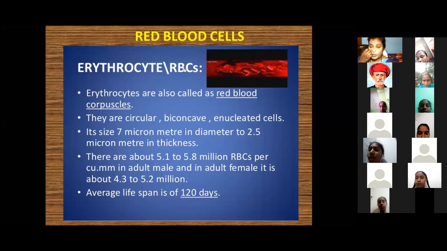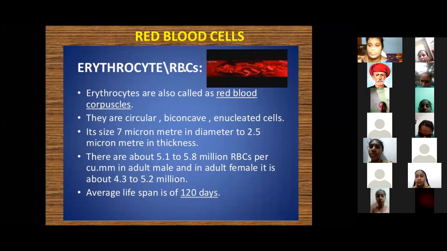RBC stands for red blood cells, another name erythrocytes. In adult males and adult females, it is about 4.3 to 5.2 million red blood cells. మన యొక్క శరీరంలో రెడ్ బ్లడ్ సెల్స్ ఎన్ని ఉంటాయి?